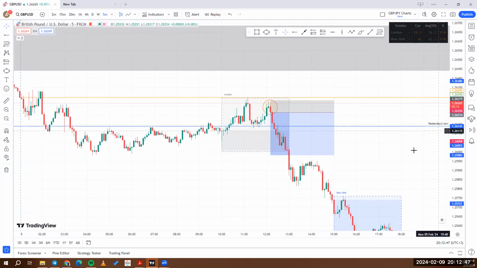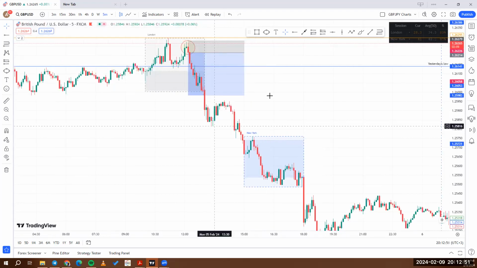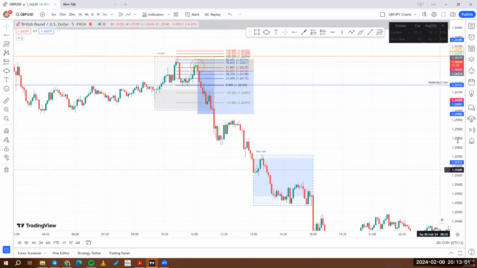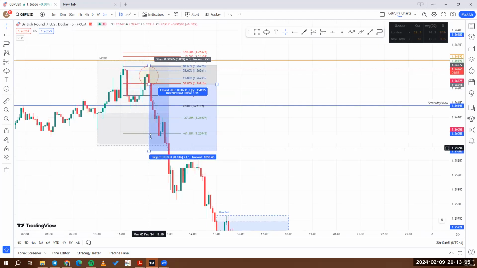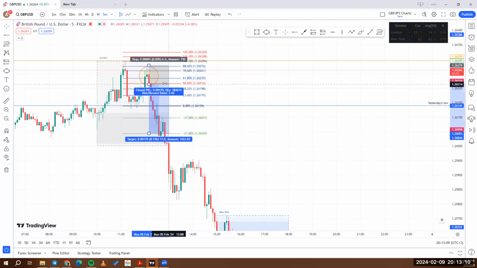And we can see Monday fell through. If you use the Fibonacci tool, and this is a tool that we use at Adesal, then that was a first target.